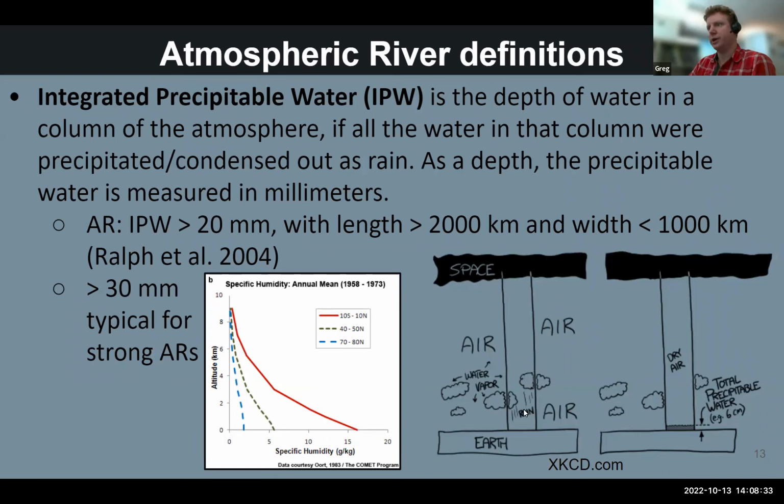If you just basically condense all that out to the bottom of the column, that's the total precipitable water. For an atmospheric river, the general threshold for West Coast North America atmospheric rivers is greater than 20 millimeters, but greater than 30 millimeters for strong atmospheric rivers. And as I said before, you're looking at lengths greater than 2,000 kilometers and widths less than 1,000 kilometers.